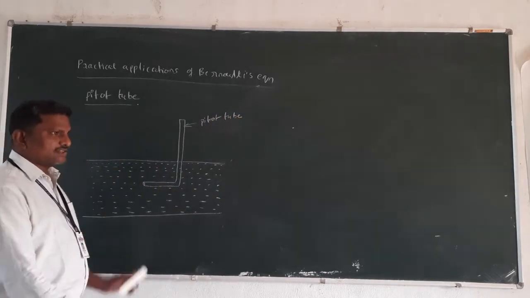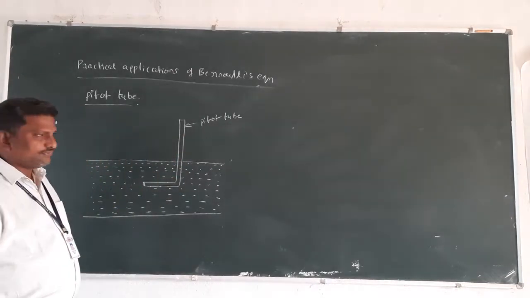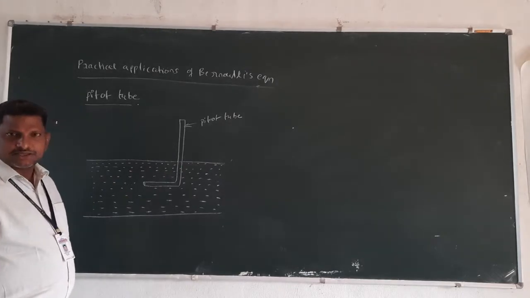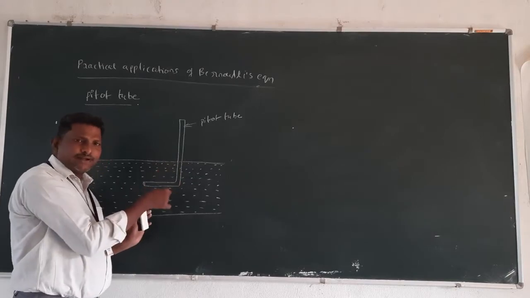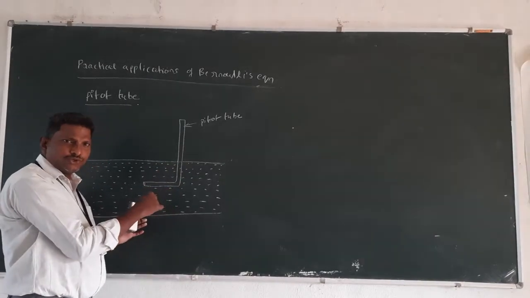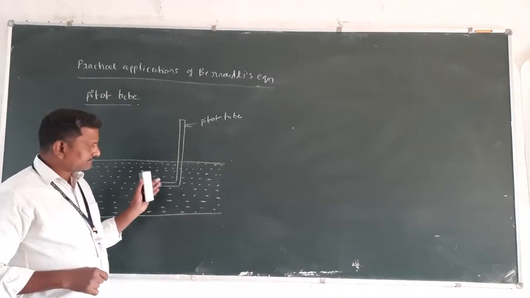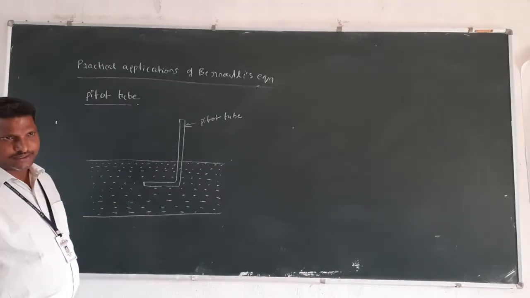PITOT tube is nothing but a glass tube which is bent in L shape. This L shape bent PITOT tube is used to measure the flow of the fluid through a channel or pipe.